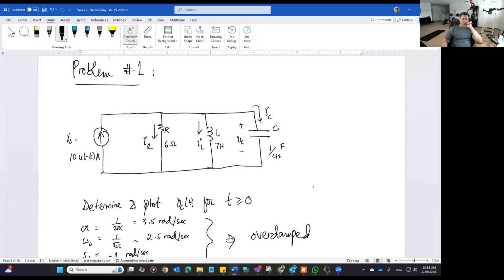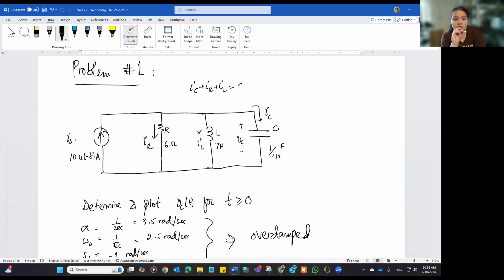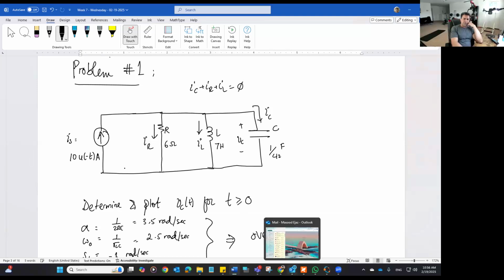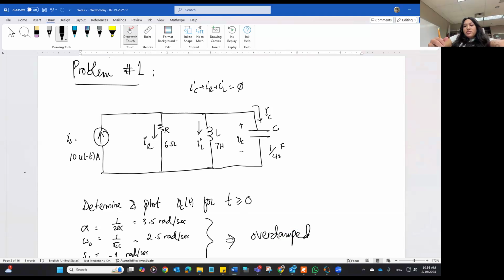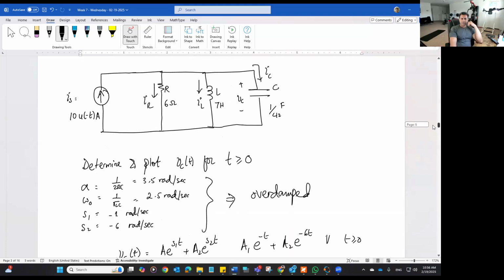You just said IC plus IL plus IR is equal to 0. So from that equation, what will be IC? IC equals negative IL minus IR. Yeah, exactly.